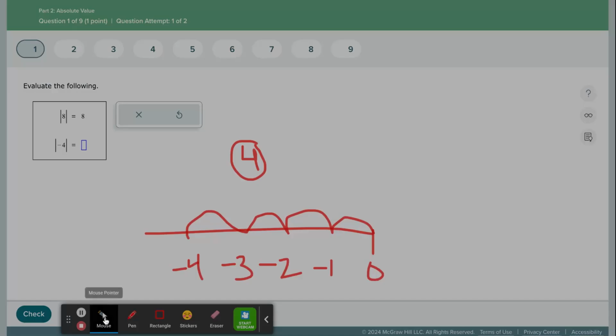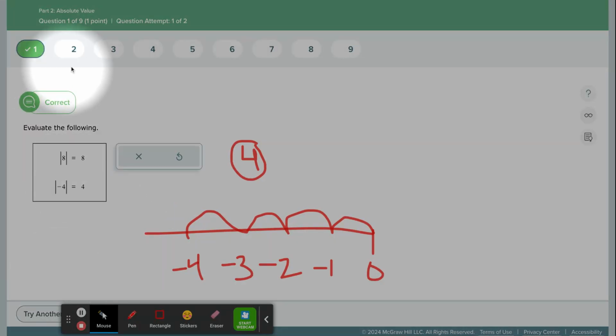It doesn't matter the direction you're going, it's always going to be a positive answer. You're never going to run -4 miles. Even if you run backwards, that's not negative, right? So no matter what, your absolute value is always going to be positive.